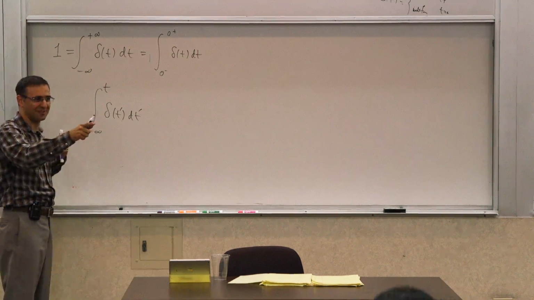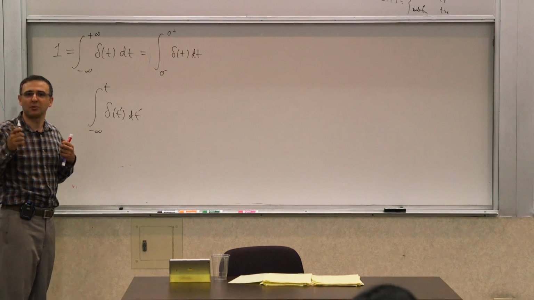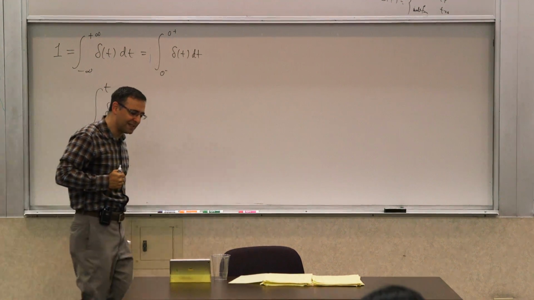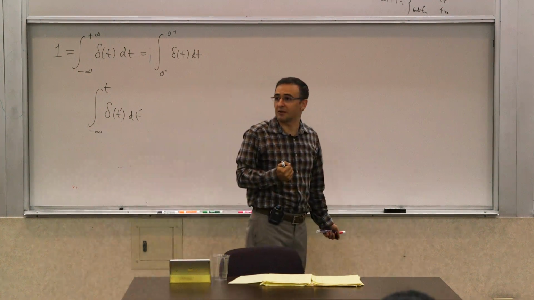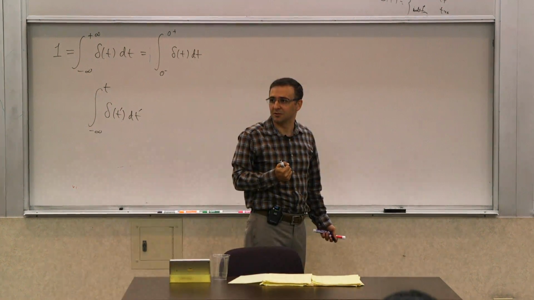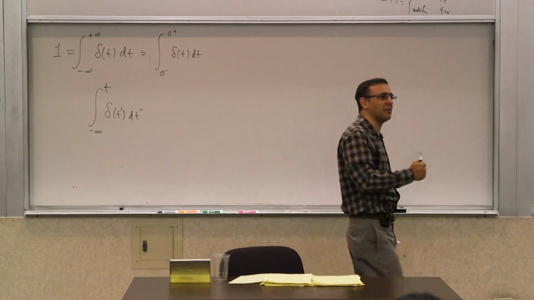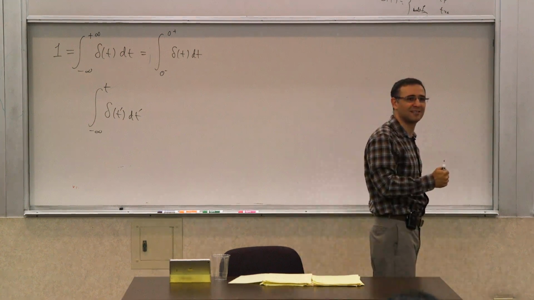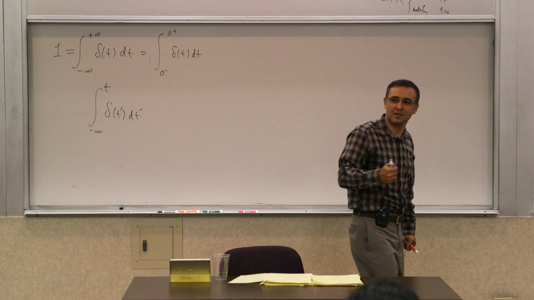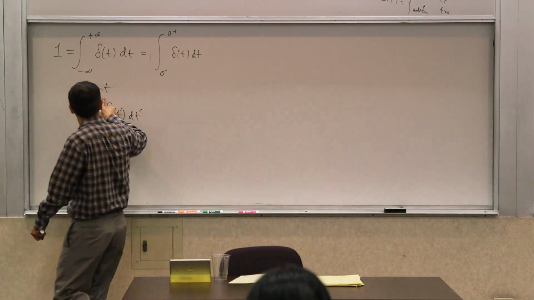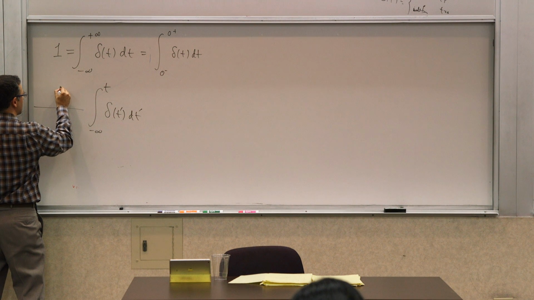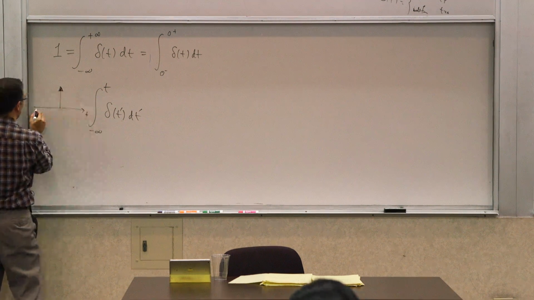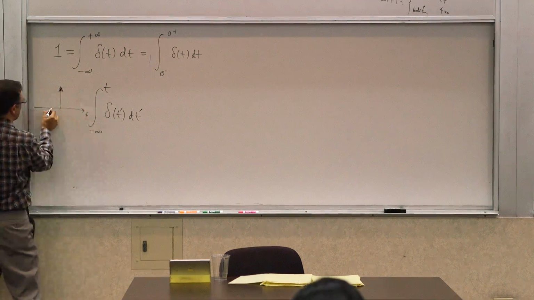Do you want to say the same thing? Yeah, okay. So, unit step function, but why? Think about it. As long as this t is smaller than 0, there's nothing to integrate, so it gives me 0. Once I cross 0, once these limits include 0, I get 1. As long as I integrate from negative infinity to here, I get nothing.